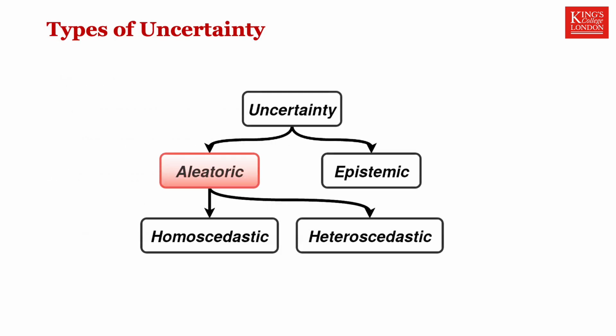So if you think about uncertainty, the uncertainty normally bifurcates into these two, aleatoric and epistemic. So epistemic uncertainty, as I was saying, has to do with the model itself, while the aleatoric uncertainty has to do with the data. And because it has to do with the data, there are two subtypes of aleatoric uncertainty.